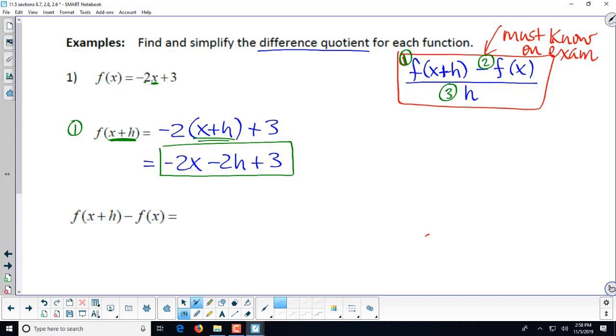So step 2 then, what does this mean? Once we plug x plus h in, we are going to subtract f of x. What does that mean, subtract f of x? f of x is the original function, -2x plus 3. So we take what we got from f of x plus h, and we subtract from that the original function.